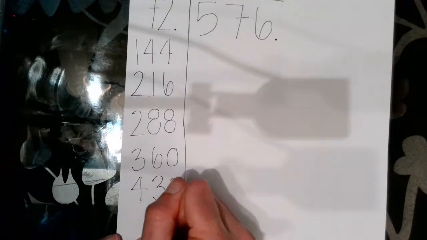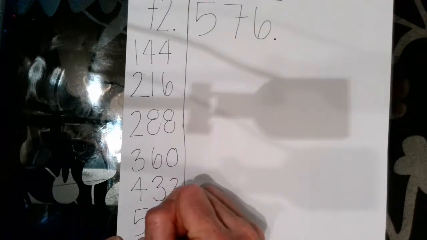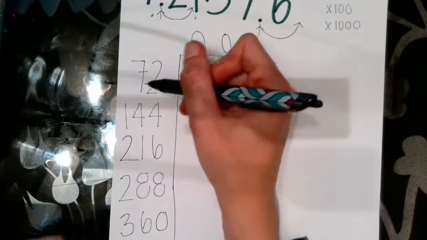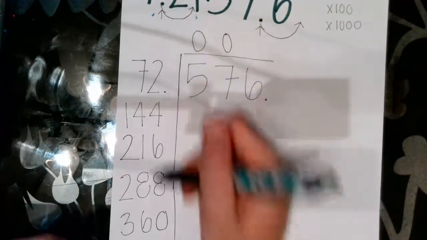I'm almost there. 504, and then finally 576. This is a strategy I like to use whenever I am dividing by a number that is greater than 10. So I will just list the multiples out in order to help myself.